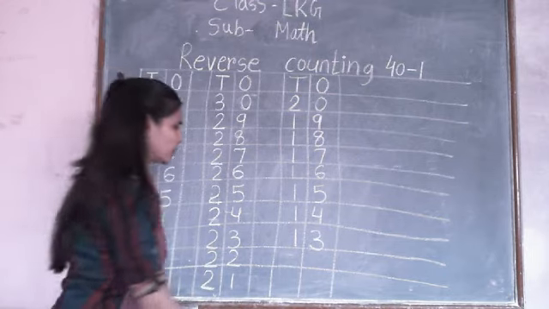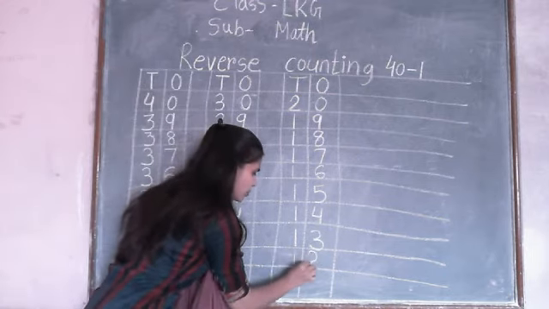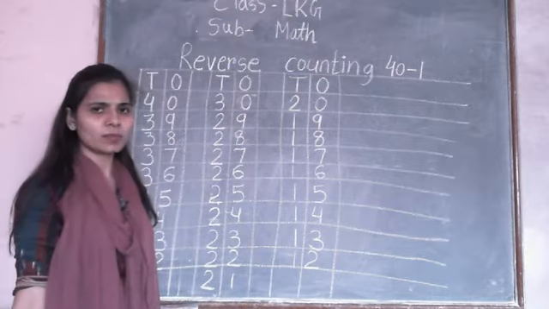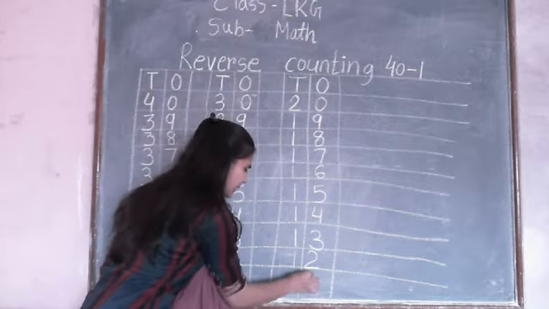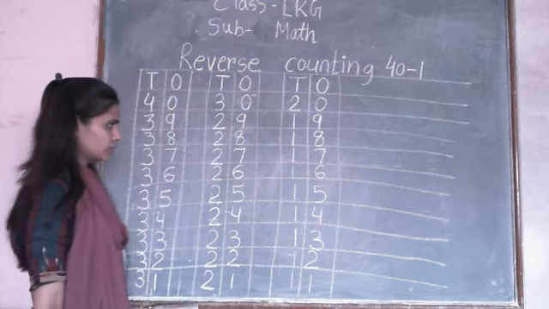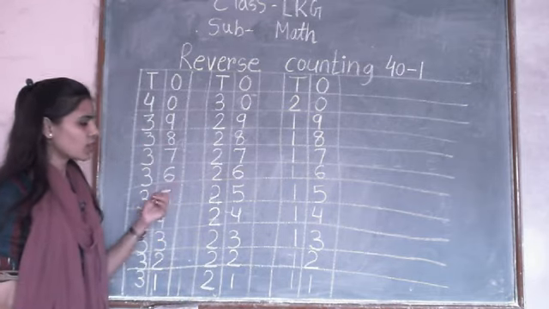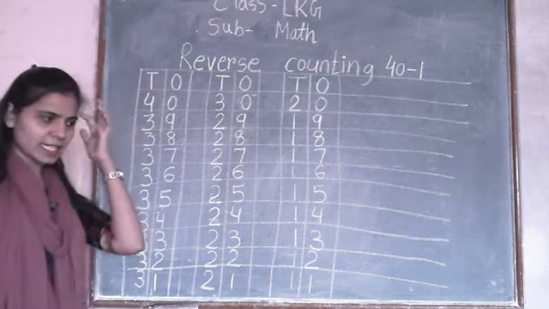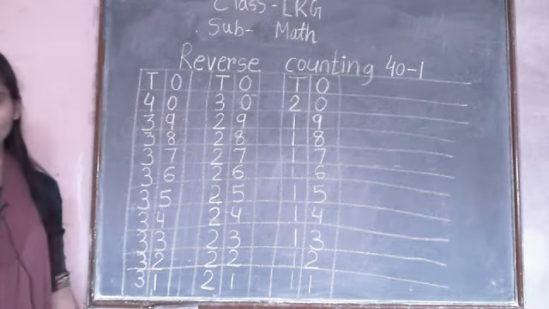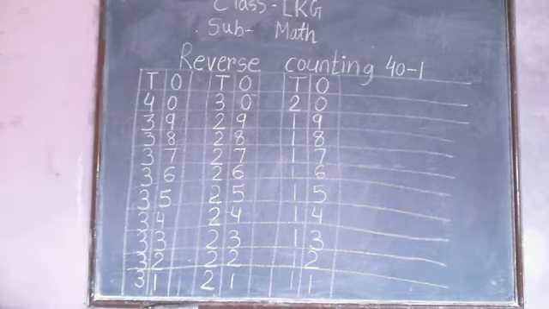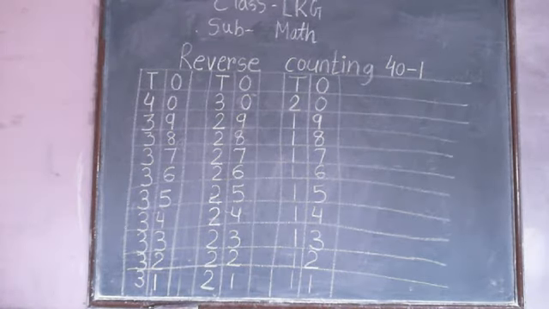Before 13, 12, and before number 12, 11. Okay. So numbers from 20 to 11. Right now, write fast in your math notebook, from 40 to 11. Write fast.